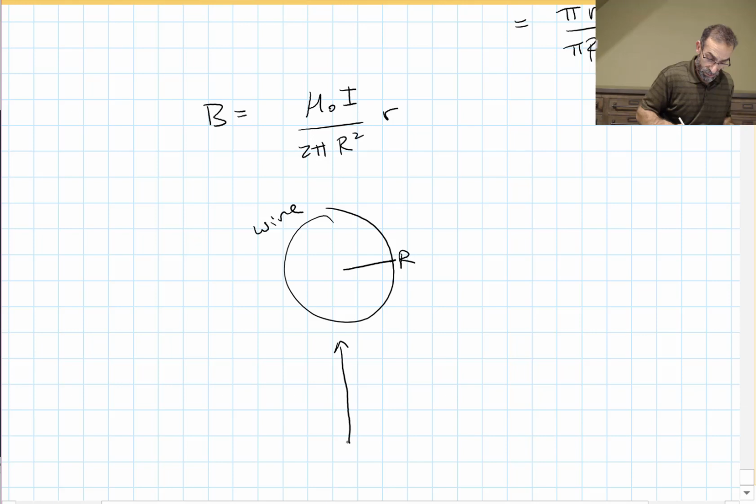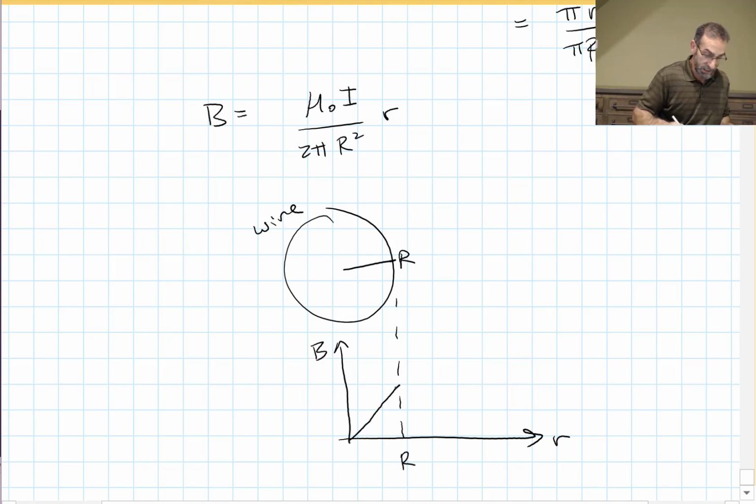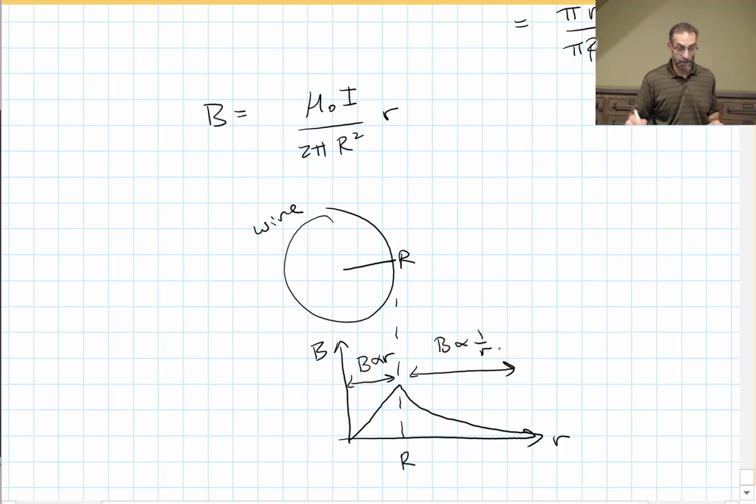And we could look at our magnetic field as a function of r. It starts at 0. It increases linearly, B proportional to r in this region. And then it drops off, B proportional to 1 over r in this region. Once you go outside of the wire, it drops off as 1 over r.